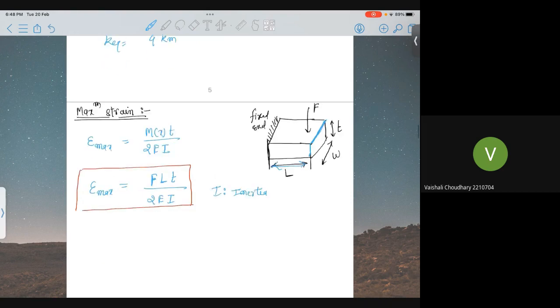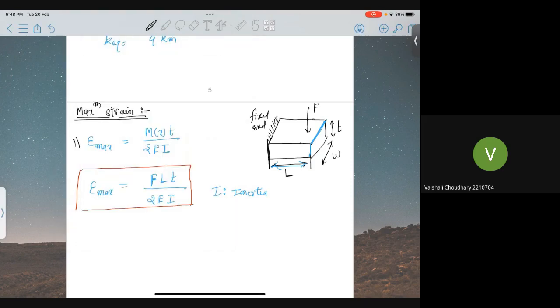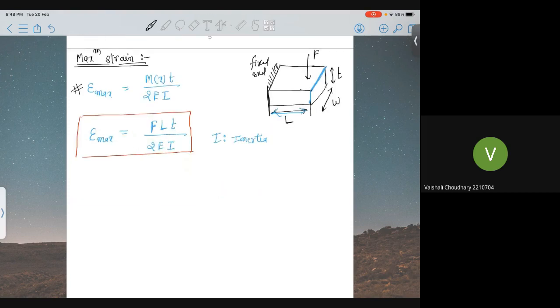Now we'll see one more formula, for gauge factor, which is the change in resistance with strain.